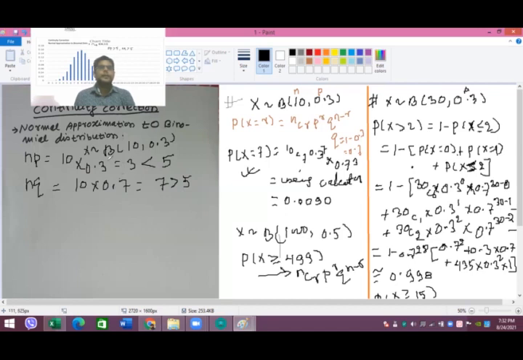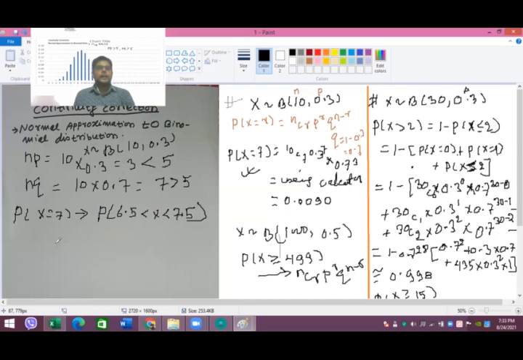So in this case, if you are using the normal approximation, then we have P(X = 7), and if you approximate it, it will be P(6.5 < X < 7.5), as we have just seen in the histogram over here.